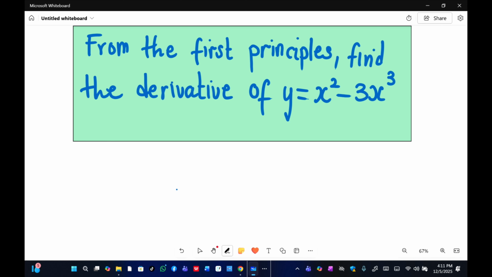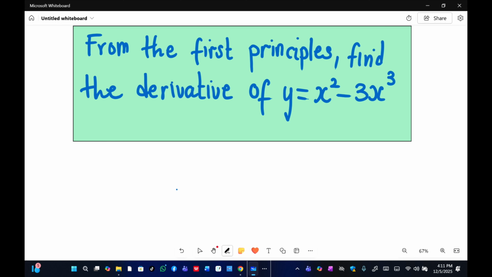So our f of x plus h will be equal to x plus h all squared, then minus 3, then bracket open, x plus h also all having a power of 3. All right. So we need to work on it.